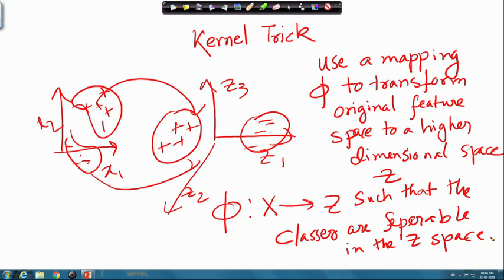Okay. So, you map it to high dimension and then draw a line as it is, but not on x, but on z.